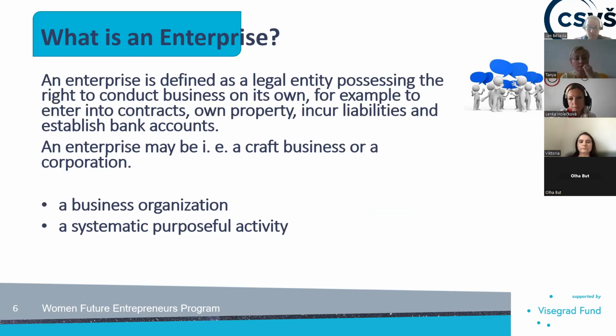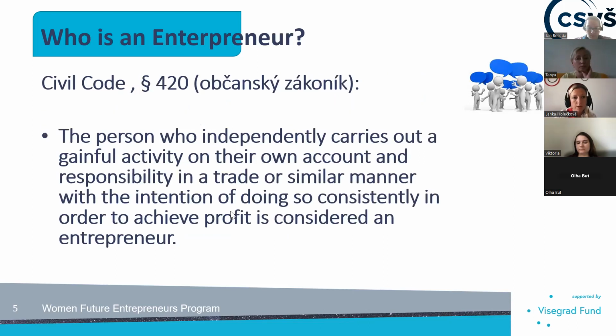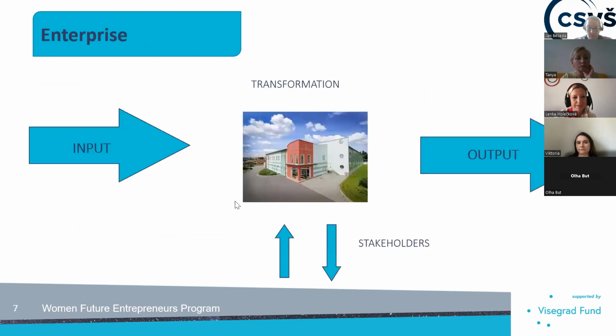And also we will work with the word enterprise, or it's our firm, our business. It's a legal entity that possesses the right to conduct its business. So it's a business organization or a systematic purposeful activity. But don't be overloaded by these things. What is important, you can find these basic rules in the civil code, nový občanský zákoník in the Czech language.